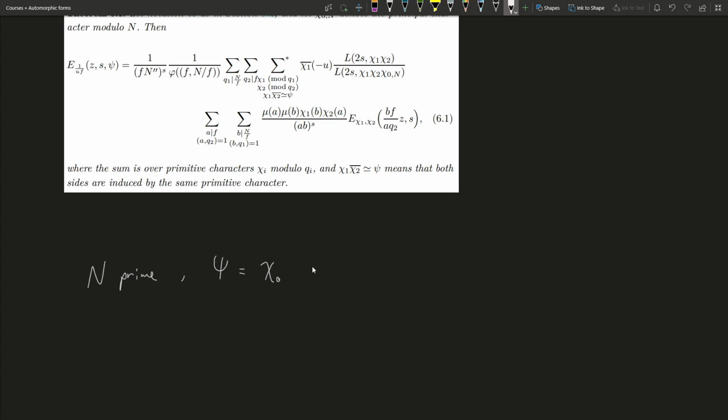So remember, this was the trivial character mod n, right? Because as we discussed at the beginning of this lecture, if psi is not trivial here, then you just don't get a pole at all. So this is the case to consider. So what does this end up giving us?